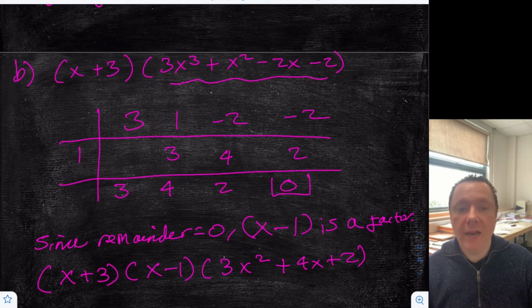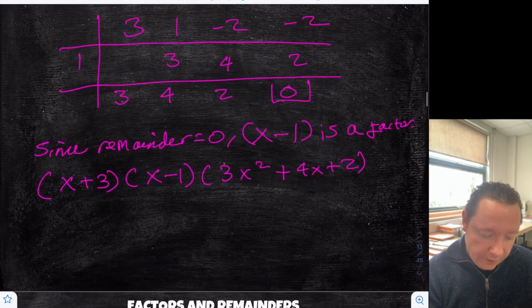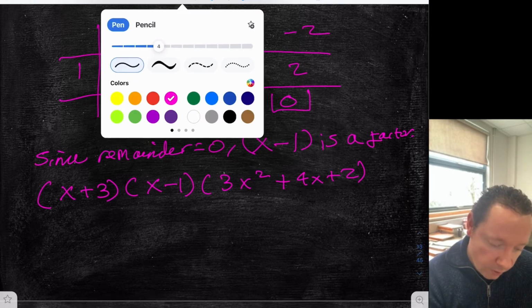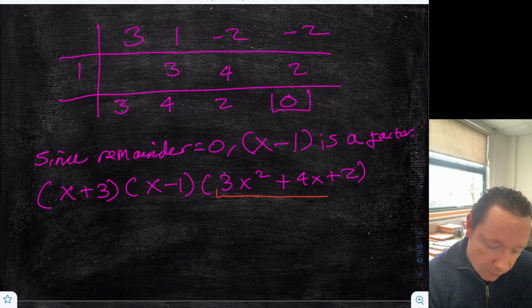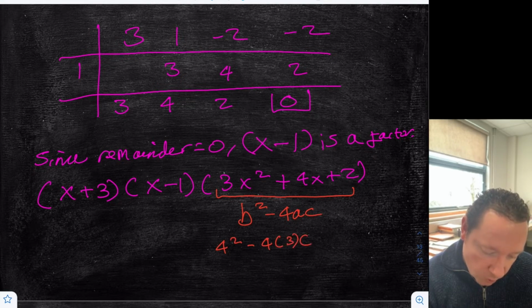So now we need to check, is 3x squared plus 4x plus 2 factorisable? There's a couple of ways you can do it, trial and error, but the easiest way is to use the discriminant. If I look at this bit here, and check b squared minus 4ac. b squared minus 4ac is 4 squared minus 4 times 3 times 2.